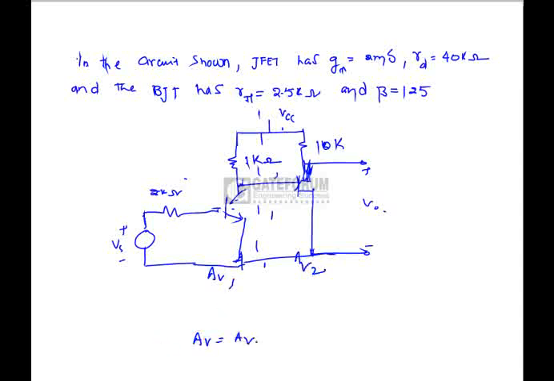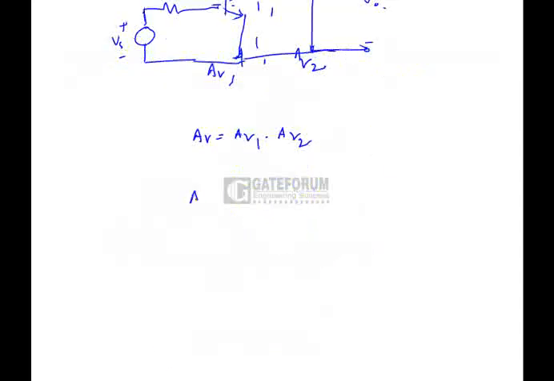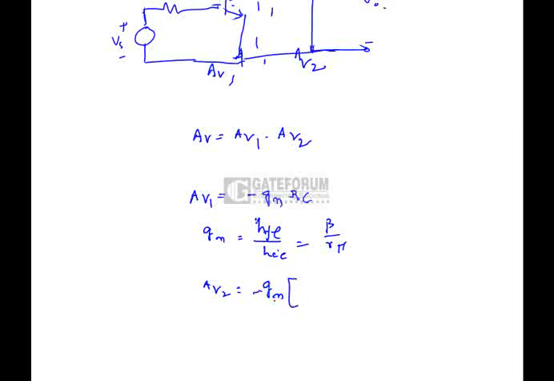Total voltage gain is A_V1 times A_V2. Here, the first stage gain A_V1 is nothing but minus g_m R_C, whereas g_m of the BJT is nothing but h_fe by h_ie, which is beta by r_pi. The second stage gain A_V2 is minus g_m, which is g_m of the FET, given in the question as 2 millisiemens, times R_D parallel r_d.